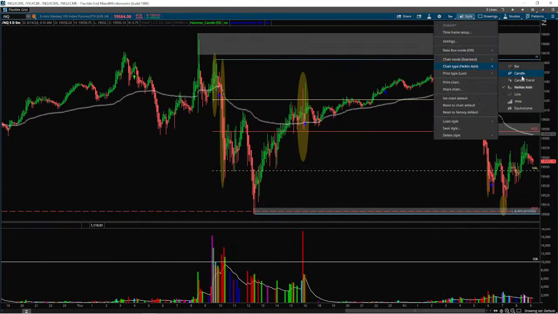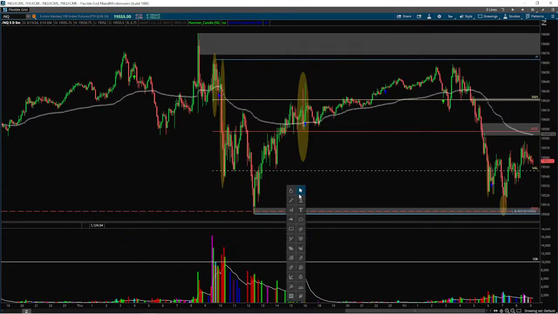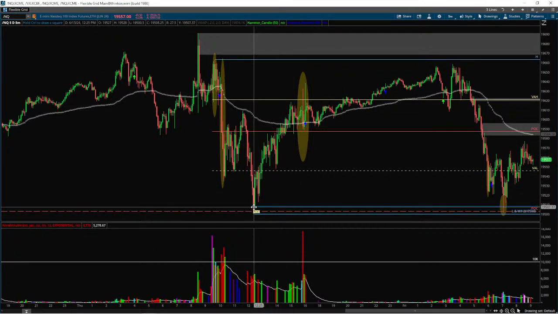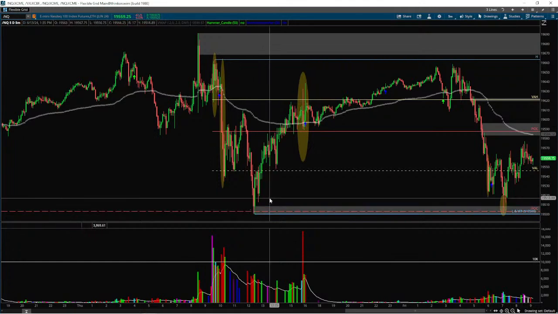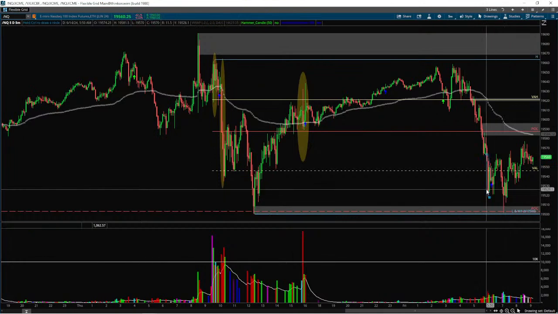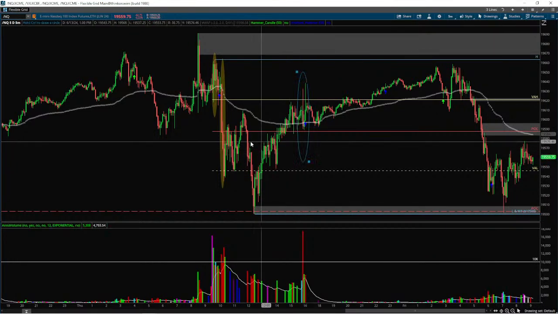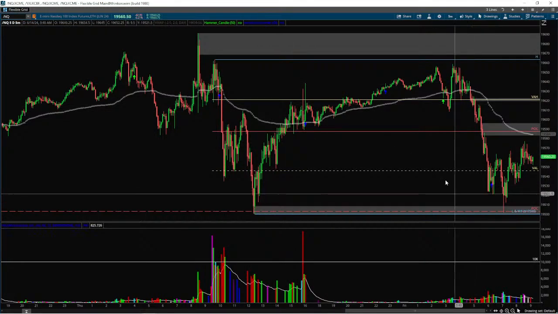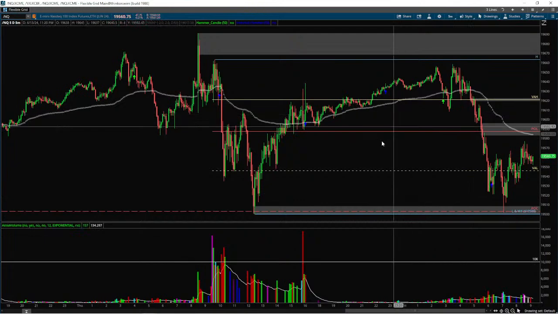Wow. Okay, I'm going to just bring it up to like that. Alright, so that's what we're working with, NQ and ES. Interesting areas, interesting levels.